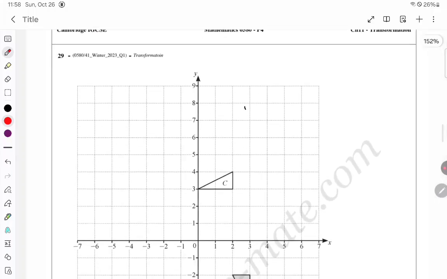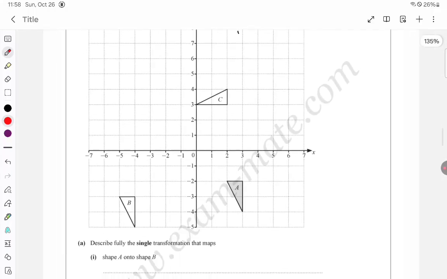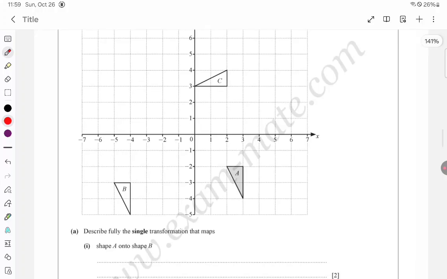So in question 29, three triangles A, B, C are given. We have to describe the single transformation A onto B. A and B are both in the same direction, so no rotation occurs. So simply measure the points.